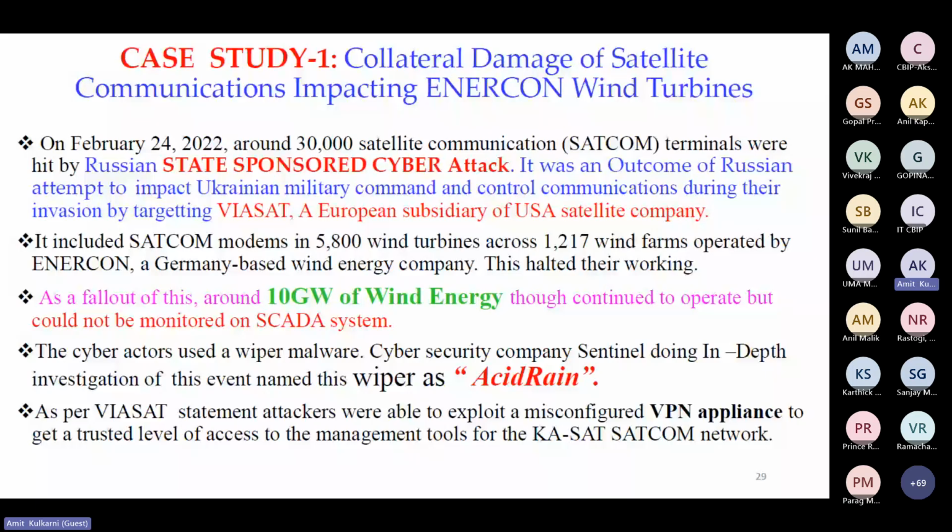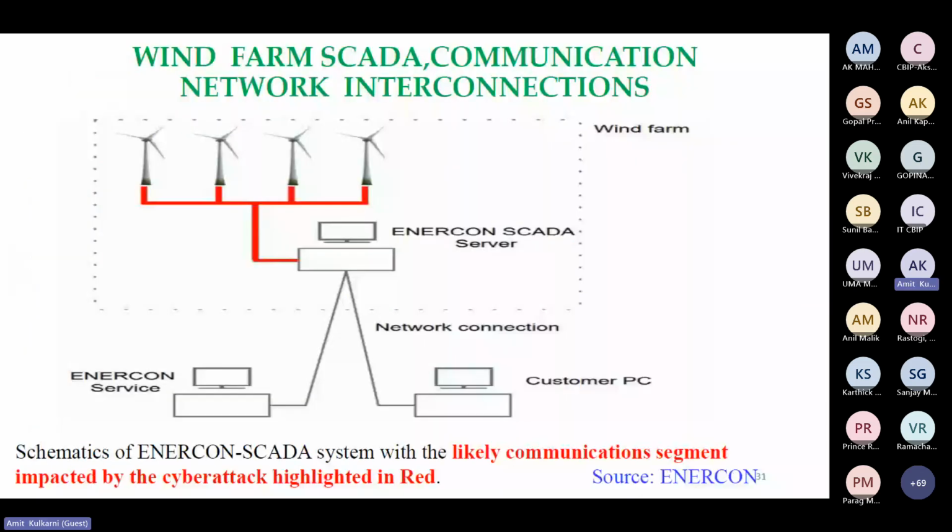In this, what happened? The VPN appliance of the KSAT SATCOM network got compromised, and that resulted in the satellite communication of around 30,000 SATCOM modem terminals of RE entities getting affected. This is a replica of what actually happened.